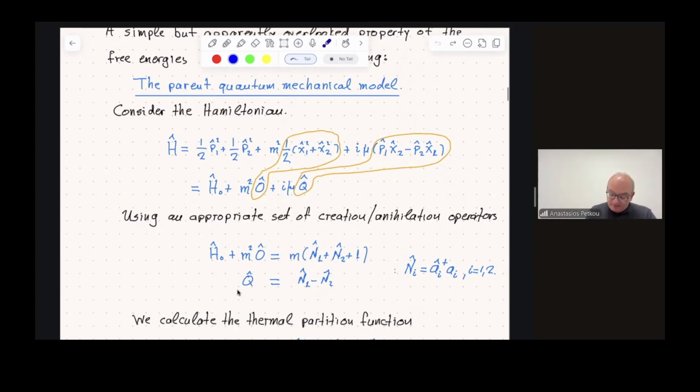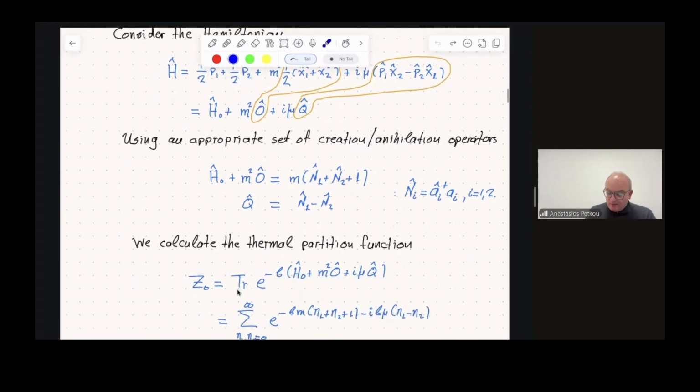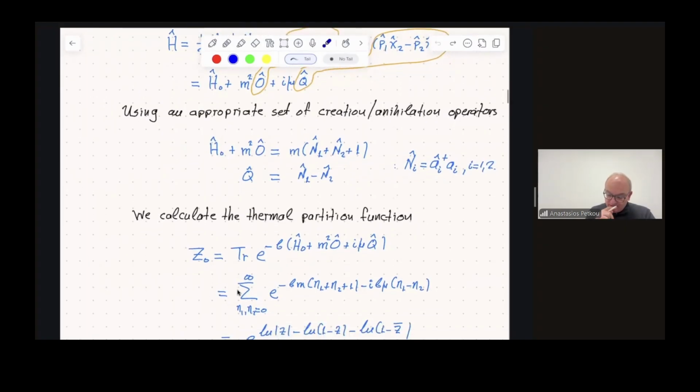But again, this is a system whose Hamiltonian is a free part, a massive deformation of this operator O, and an imaginary chemical potential of this other operator, which is a charge. Now, one can play with that. It's a simple exercise for your students, using an appropriate set of creation and annihilation operators.